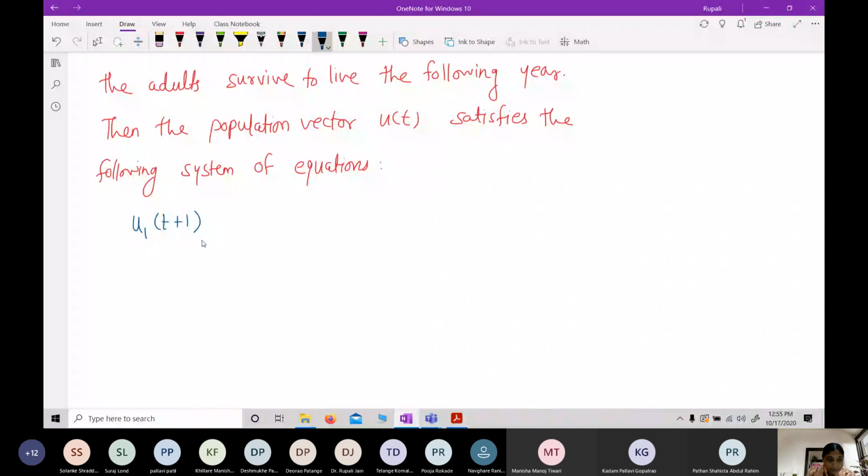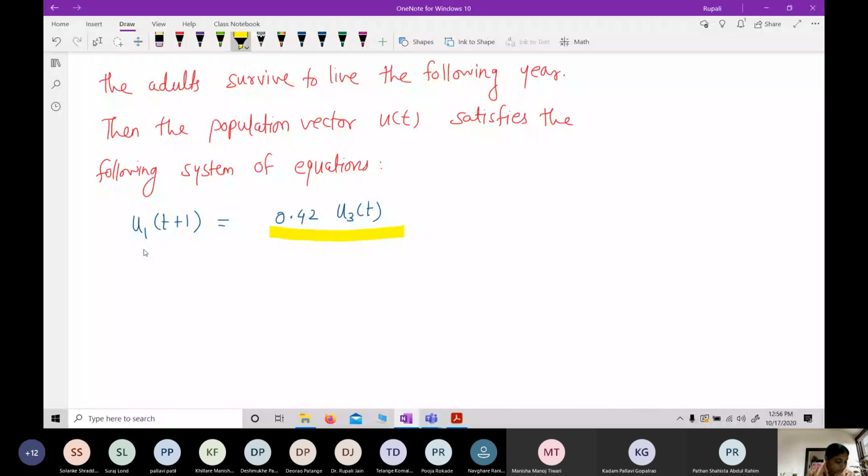Number of calves at t+1 years. ते किती राहतील? 42%. 42% of the म्हणजे 0.42 of u3t adults. म्हणजे u3t ने डिनोट करतोय आपण नंबर ऑफ अडल्ट फ्रॉम द प्रीवियस इयर. प्रीवियस इयरला म्हणजे ऍट t इयर्सला जेवढे नंबर ऑफ अडल्ट्स आहेत त्याच्या 42%, म्हणजे 0.42 u3t एवढे राहतील. हे u1 ऍट t+1 म्हणजे पुढच्या वर्षी जे न्यू बॉर्न्स राहतील ते एवढे राहतील. Is that okay this equation?